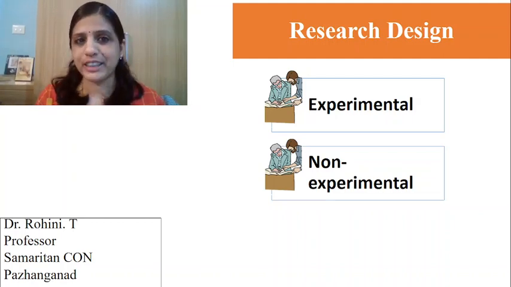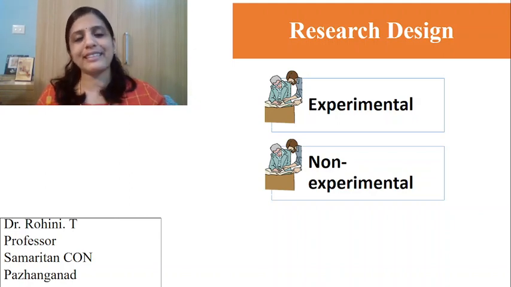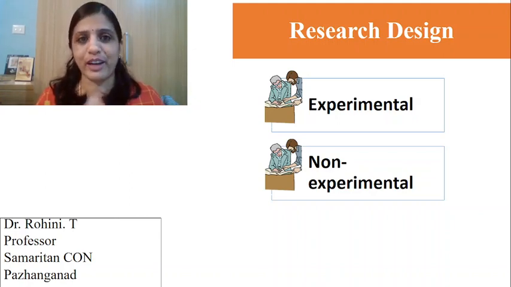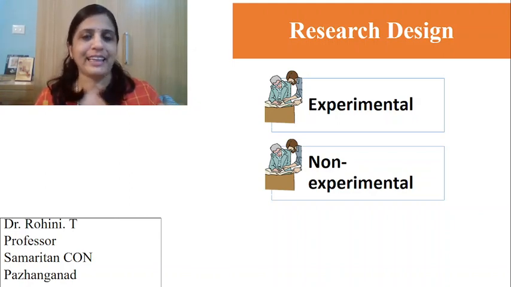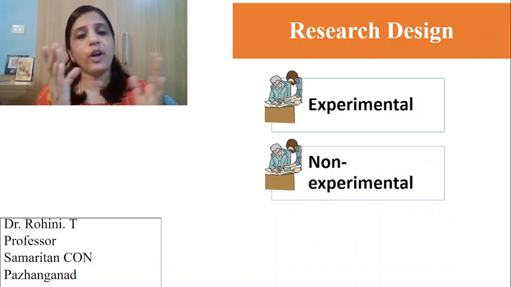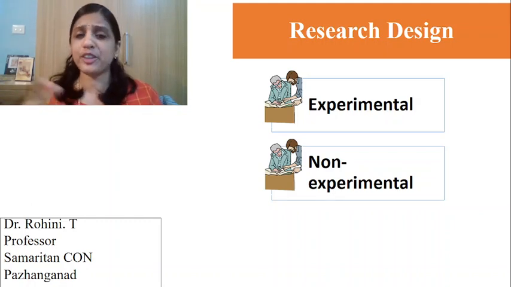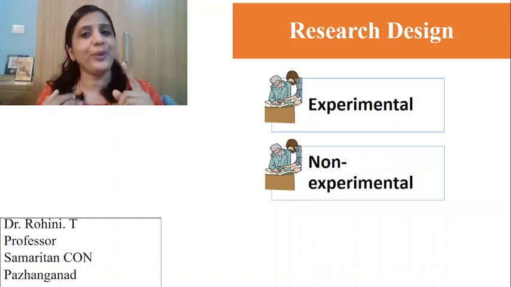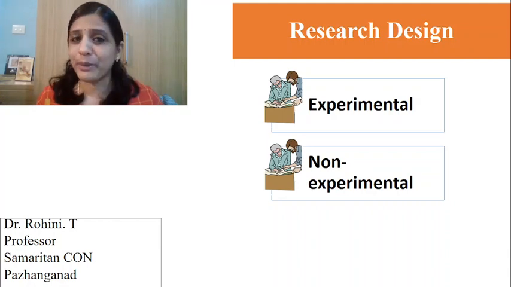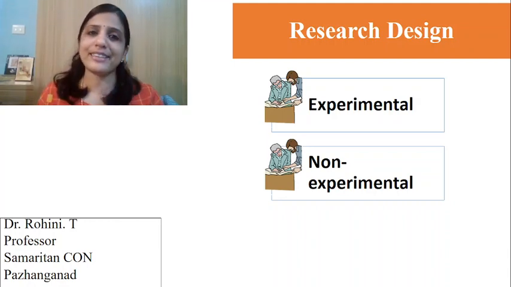Please don't stop with that. Under experimental research design, you will have to specify which type of research design. Under experimental, we have true experimental and quasi-experimental. Under true experimental, you have the two group pretest post-test control group design, the crossover design, and Solomon's four group design. So many designs are there.